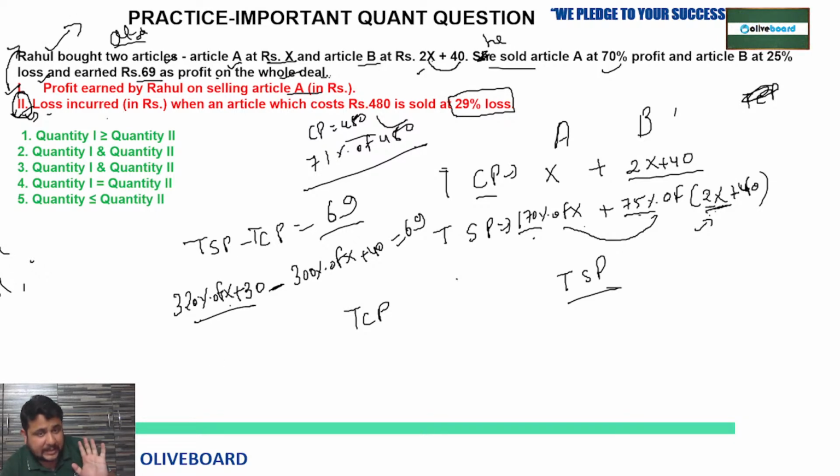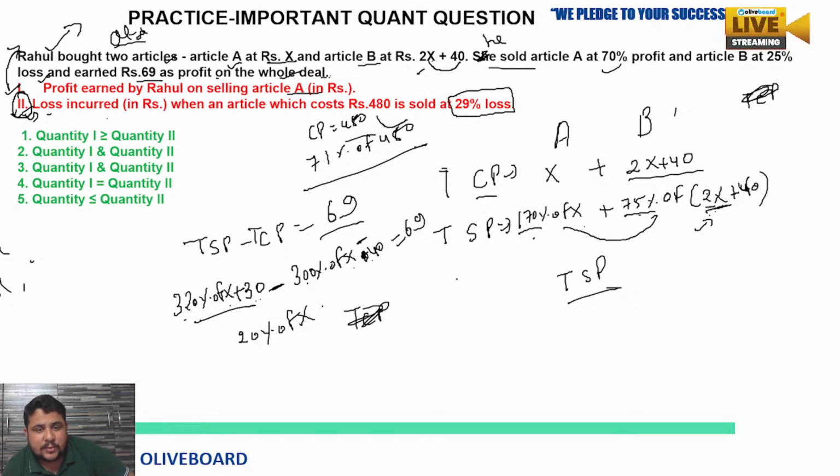Clear? Everyone? So now when you take the difference, 320% of x minus 300% of x, that is going to be 20% of x. Okay, 30 minus 40, actually it is going to be minus, sorry, 300% of x minus 40 also.